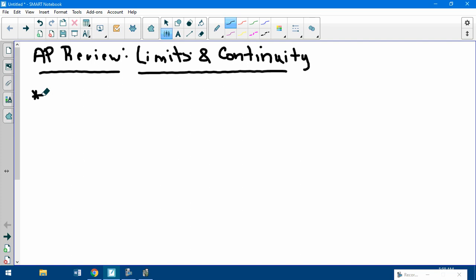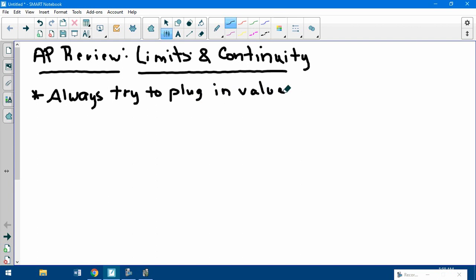Plug in the value. So always try to plug in the value first. That's the first thing. Because if the limit's not indeterminate, that's all you need to do.